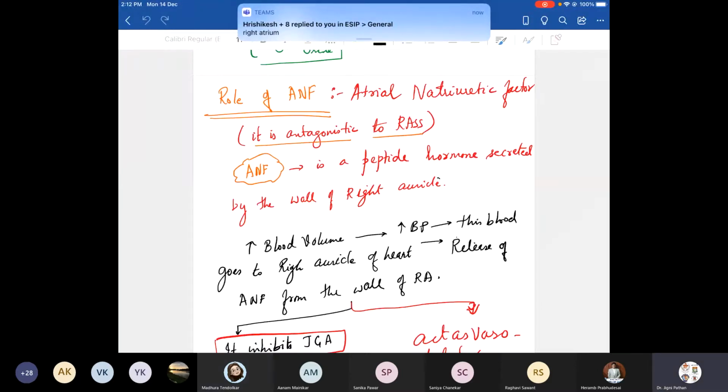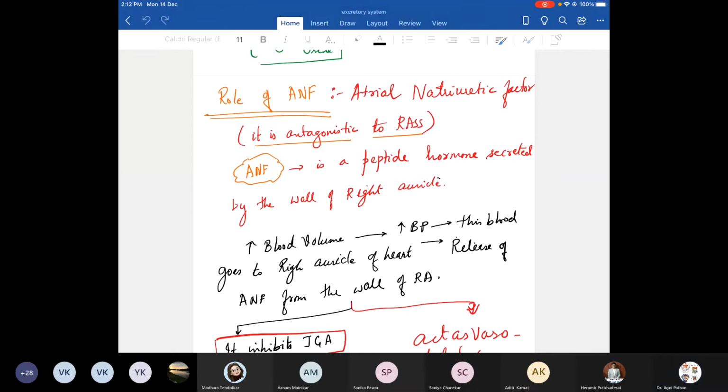Right auricle. Very good. It reaches the right auricle by the superior and inferior vena cava. Do you remember? Right? So it reaches the right auricle.